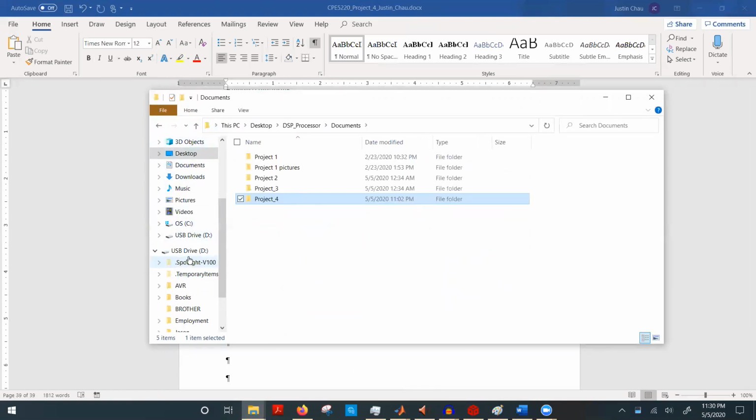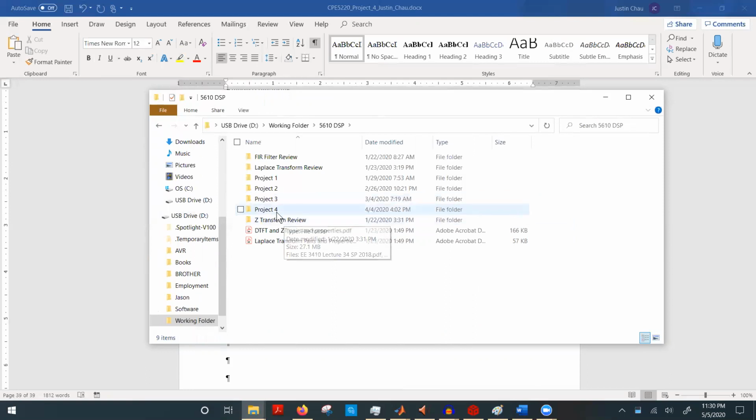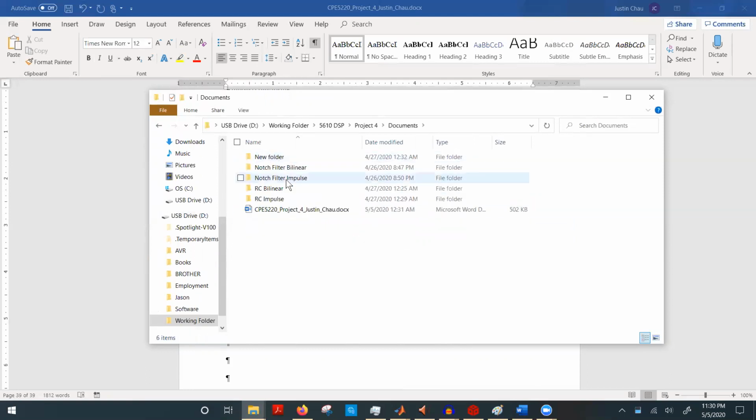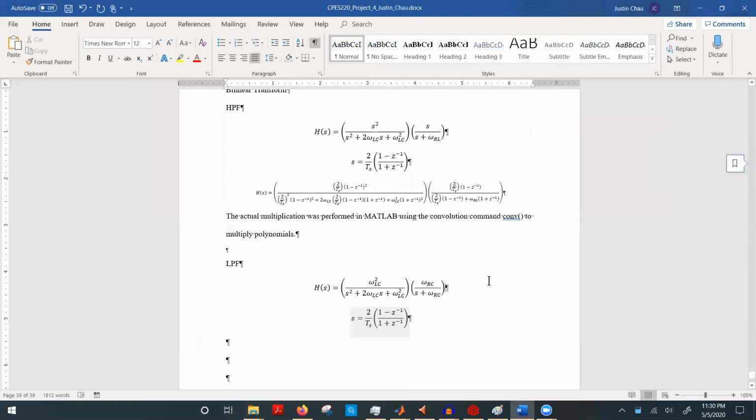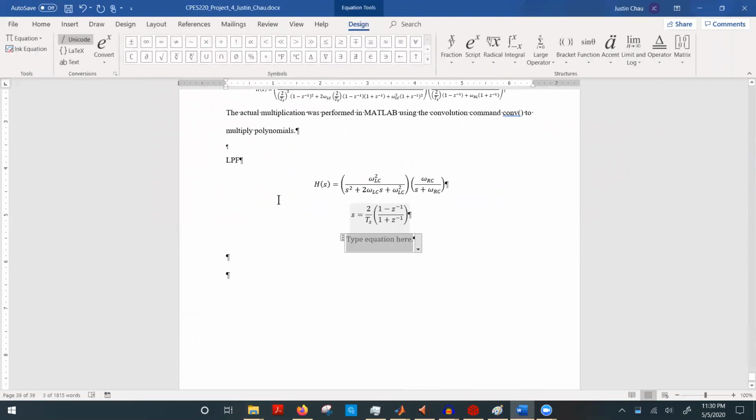Okay, so that means everything's in the other place. All right, so I guess I didn't complete this one, but that's not a big deal because I can quickly complete this one right here.